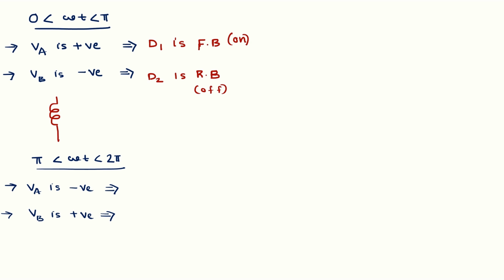This is the secondary of the transformer, with the midpoint grounded. D1 is in forward bias, so for an ideal diode I can short circuit it. Then D2 is in reverse bias, which means for an ideal diode I can open circuit it. Then the load resistor is connected.